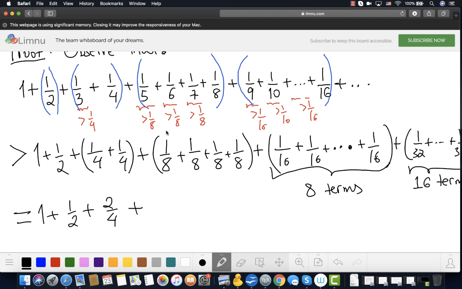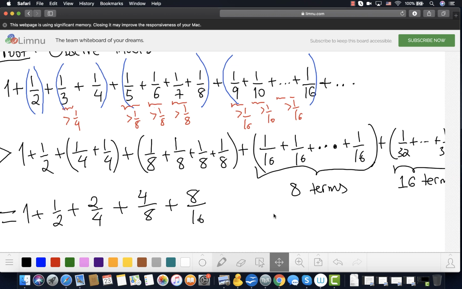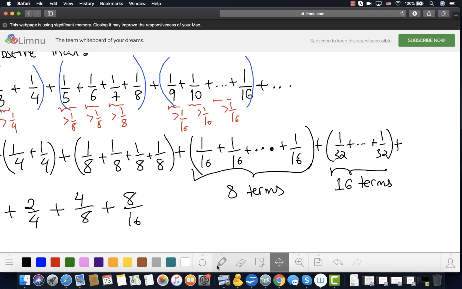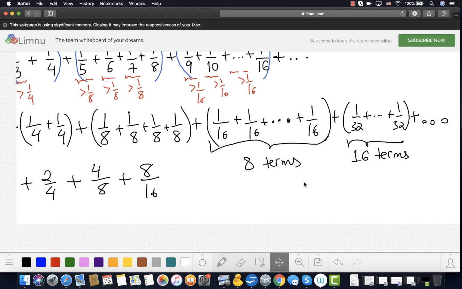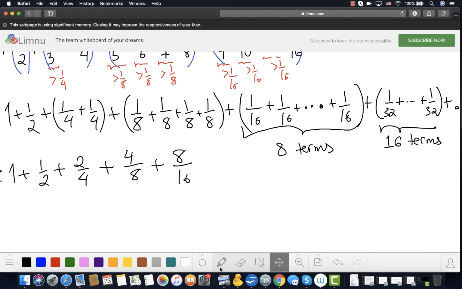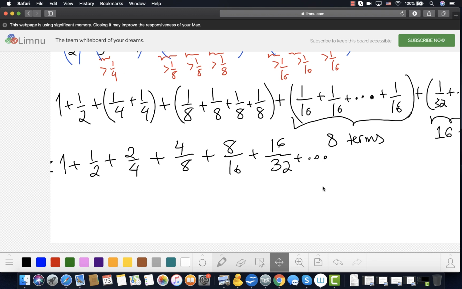Here we have 4 copies of 1/8, so we get 4/8. And here we have 8 copies of 1/16, so we get 8 divided by 16. And here we have 16 copies of 1/32. If you add 1/32 to itself 16 times, you will just get 16/32. Dot, dot, dot. It keeps going forever in this pattern.